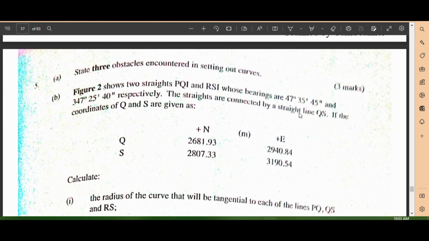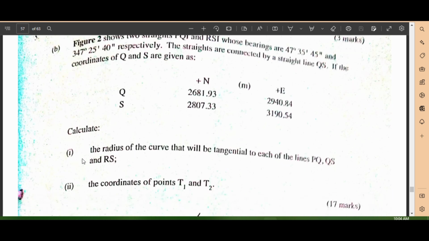The straights are connected by a straight line QS. The coordinates of Q and S are given, the northing and the eastings. You can look at them.